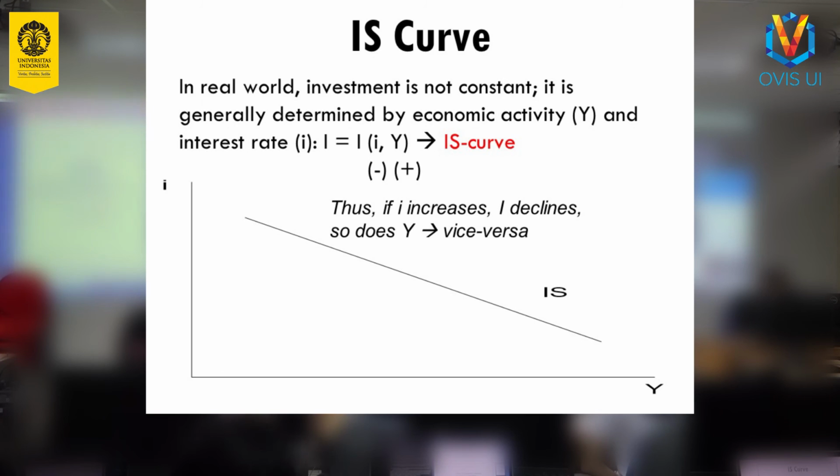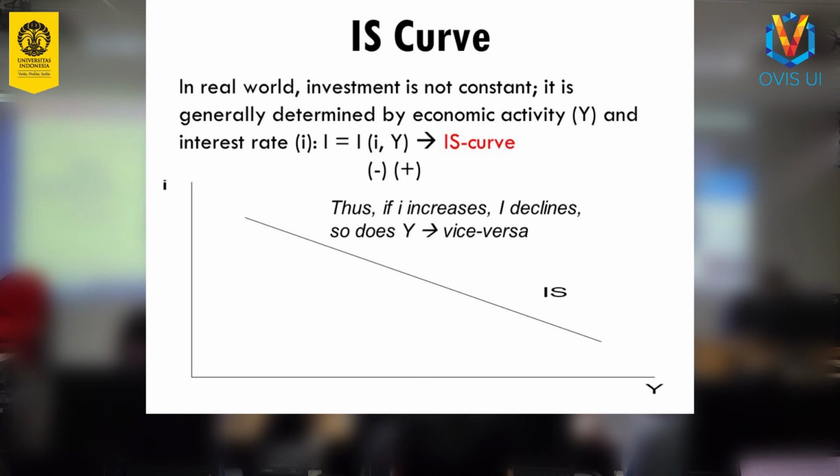Okay? Now, and you see there's a sign, right? Like under i, the sign is negative, and under Y, the sign is positive. Well, that means if i, interest rate, increases, then investment will decrease because negative. But if output increases, then investment will increase. Is that clear?